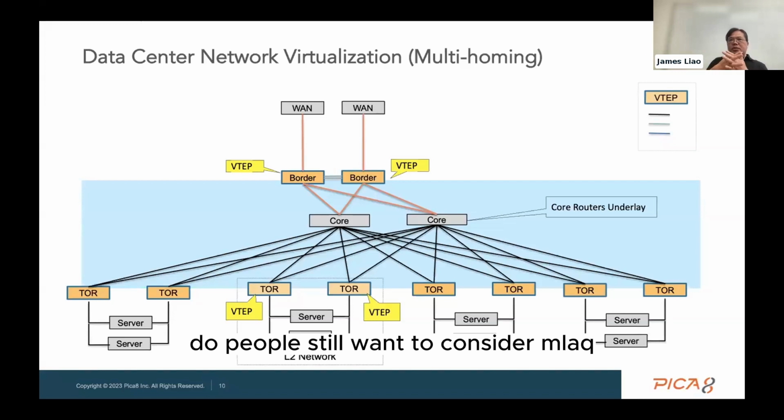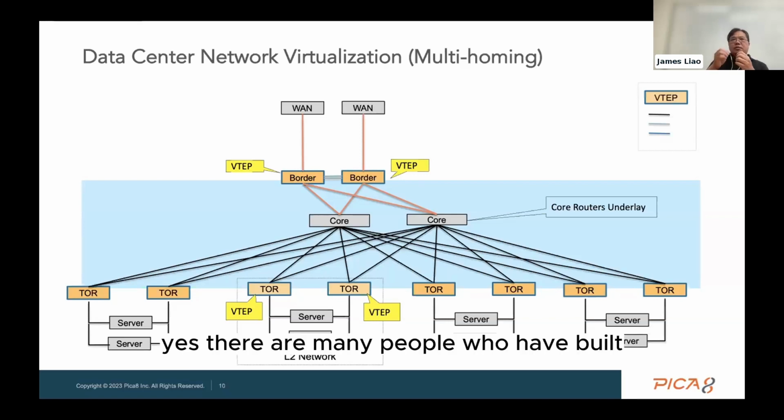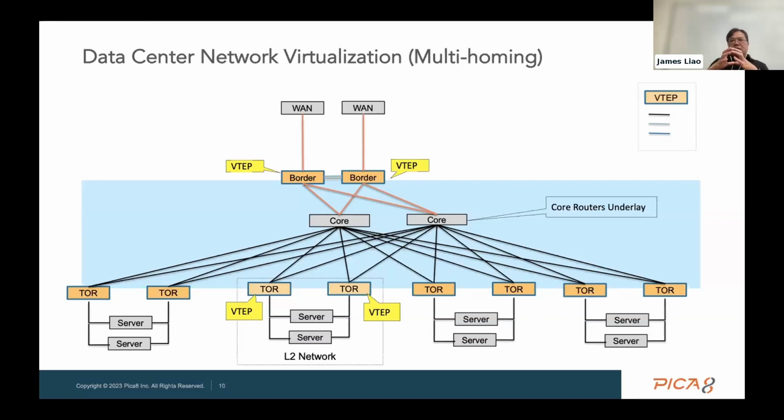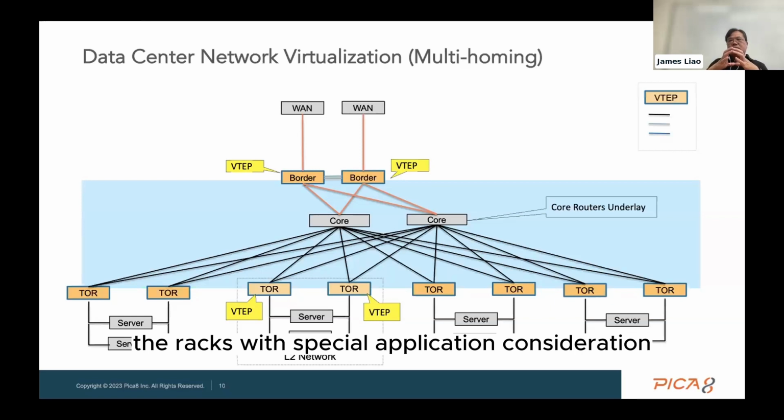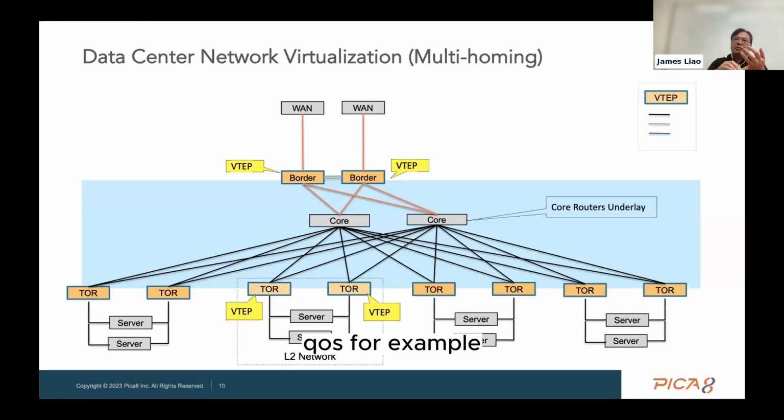Do people still want to consider MLAG as a topology? Yes, there are many people who have built racks with special application considerations, QoS for example, access control for example, or where latency is really critical.